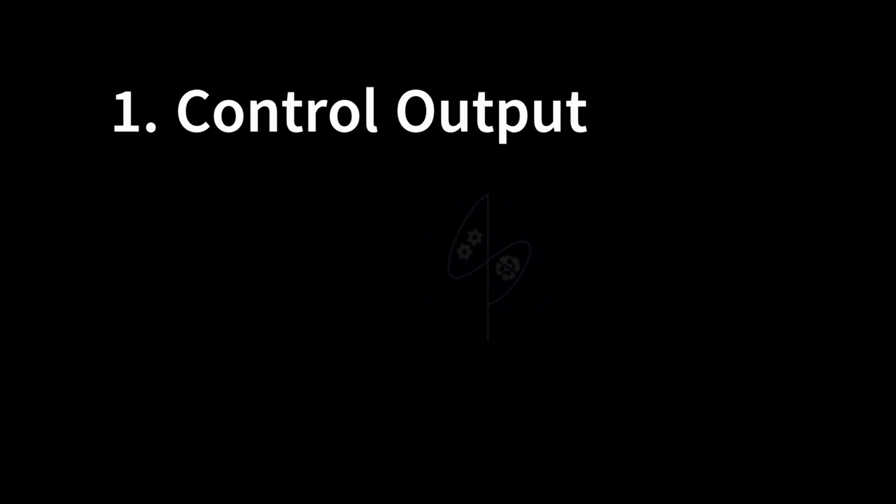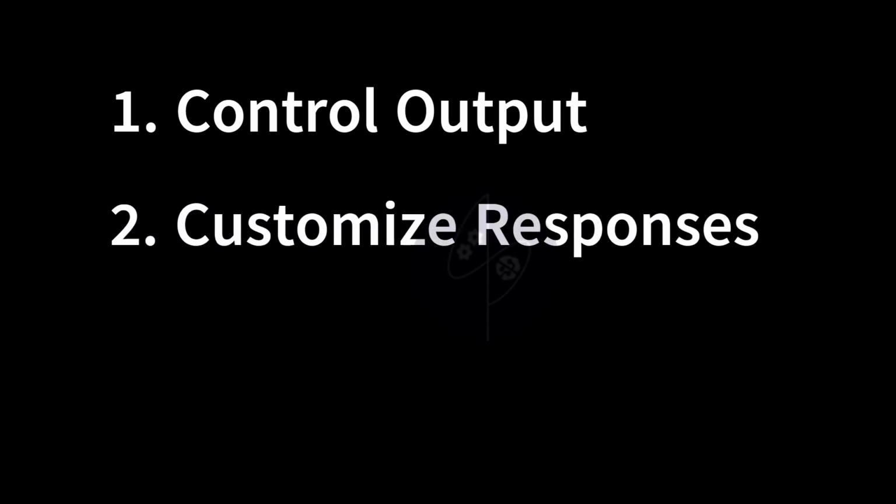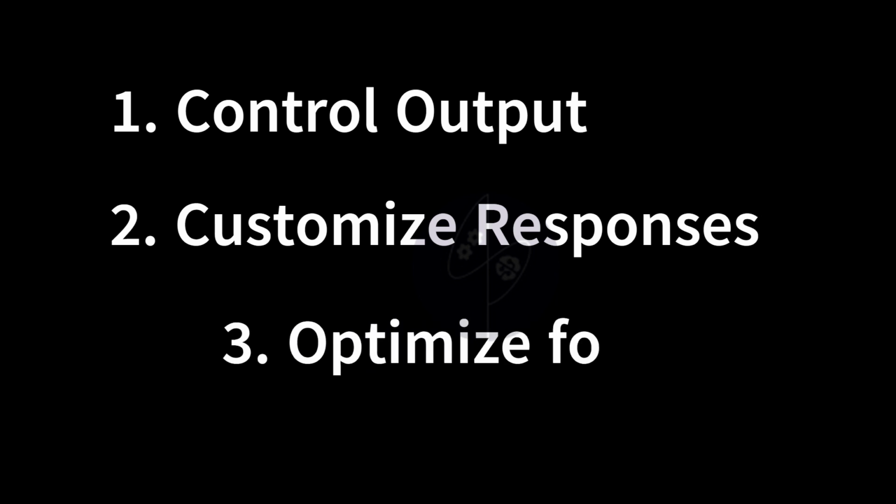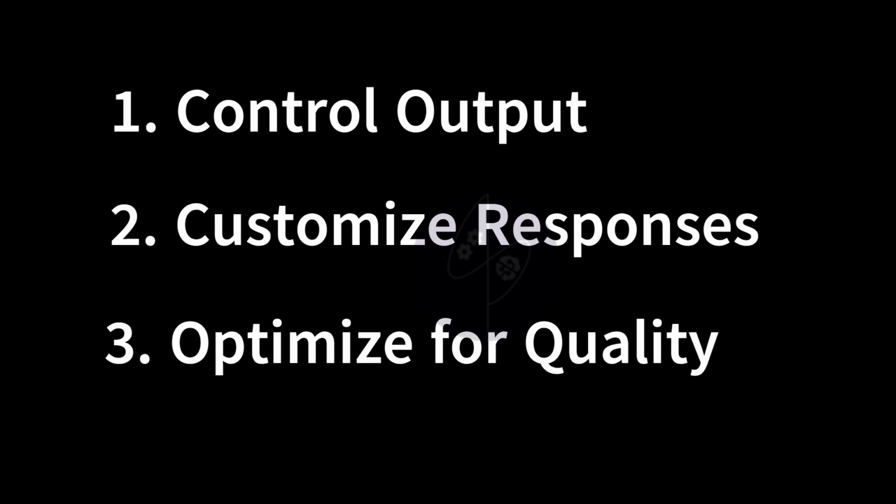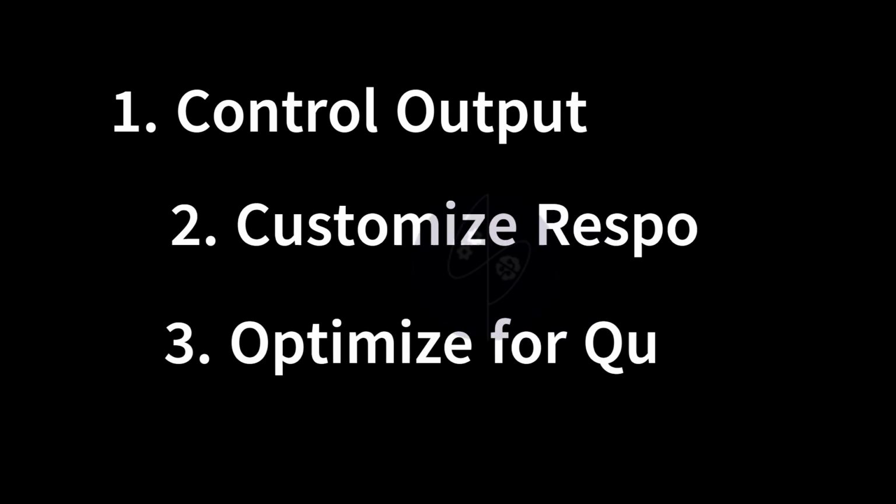Create prompts that act as guiding cues for the model, allowing you to steer the generated content in a particular direction. 2. Customize responses. Tailor the language model's output to suit your needs, ensuring it provides contextually relevant and accurate information. 3. Optimize for quality. Improve the quality of generated text by providing structured prompts that reduce ambiguity and enhance coherence.